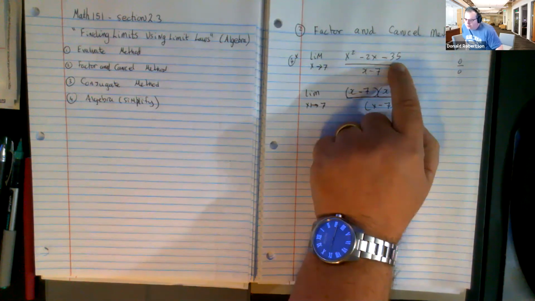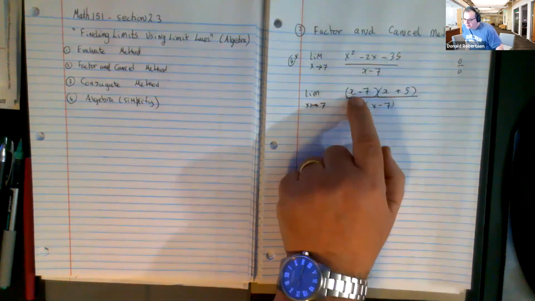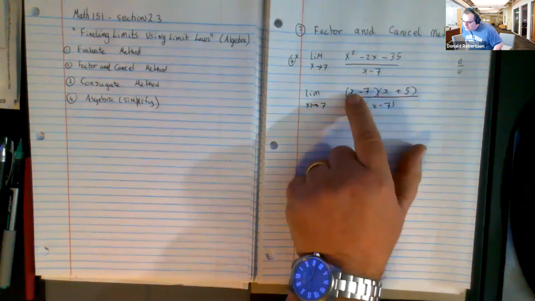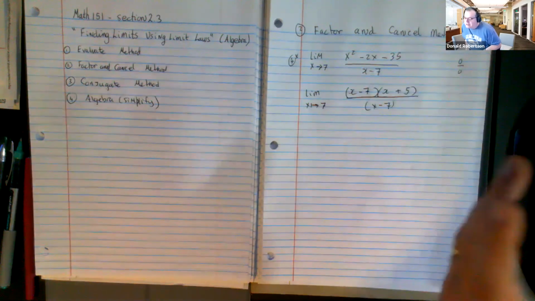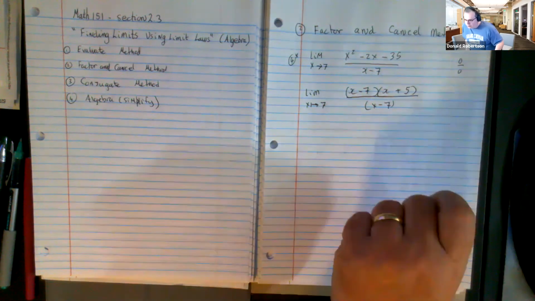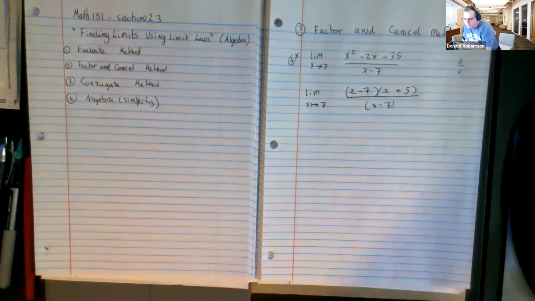Isn't there an awful lot of factors to go through in your head to find the one that works? Well, if you already know one of them is this, shouldn't you be able to figure out who the other one is? So you already kind of know half the answer before you even factor it, right? If the bottom's got an x minus 2 in it, I know the top's going to be x minus 2 times whatever else, right? And that kind of reduces your workload, and it's a nice little trick to use.